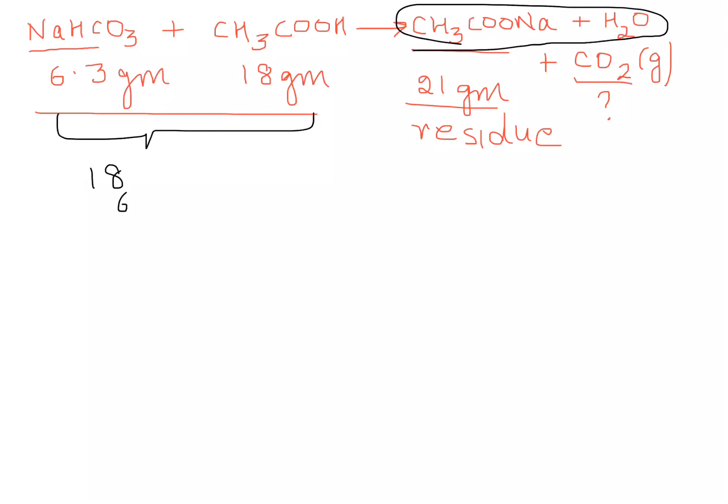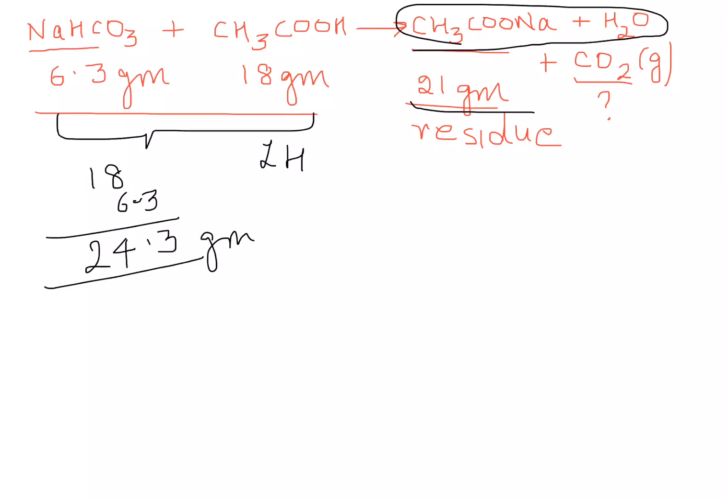18 plus 6.3 gives me 24.3 grams. Whereas the mass of the products that I've got till now is 21 grams. Now, according to the law of conservation of mass, the total sum of the masses on the left-hand side should be equal to the sum of masses on the right-hand side.